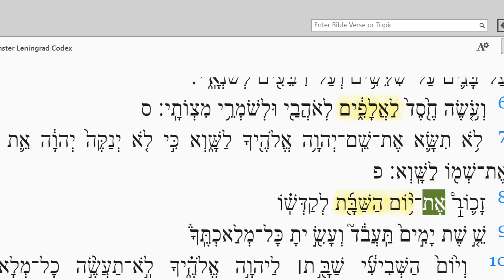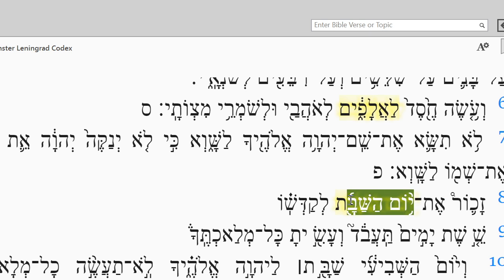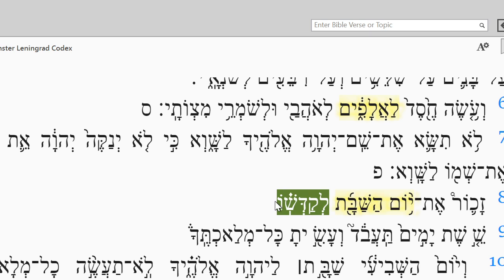So you have your action, remembering. You have your direct object marker, et, and then you have that which is on the receiving end of the action. What's on the receiving end of the action? Yom HaShabbat. So what's being remembered? Yom HaShabbat, the Sabbath day. L'kadsho, to hallow it.